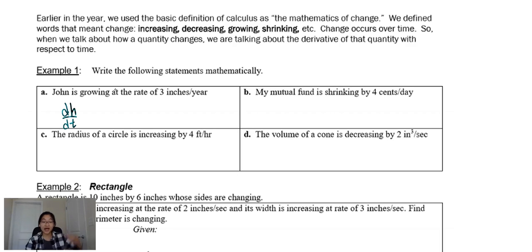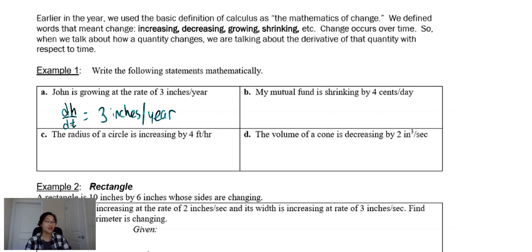So the change in the height of John versus the change in time is going to be 3 inches per year. If you haven't seen Rady the Math Cat, that is a really fun vocabulary video. It's really fun. It's great.